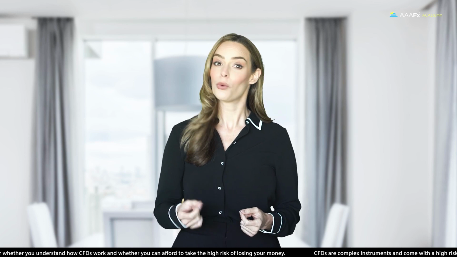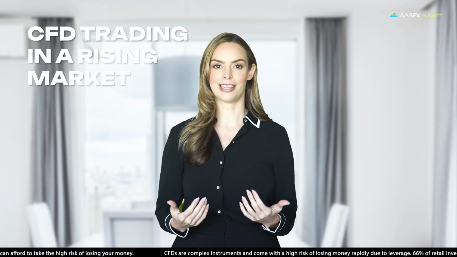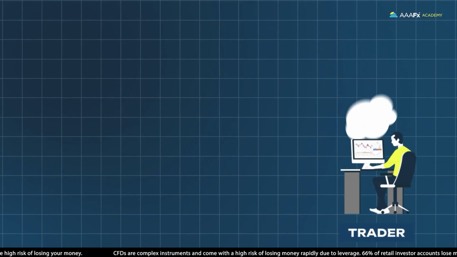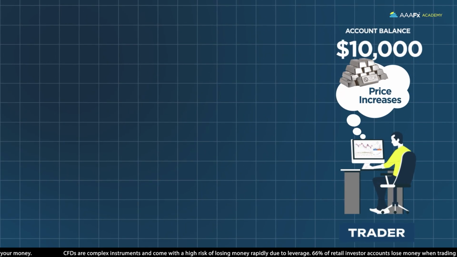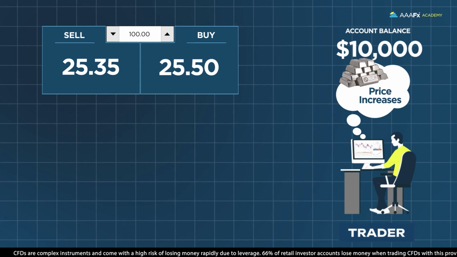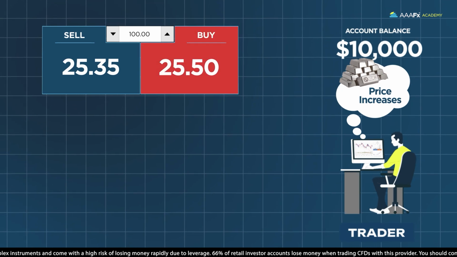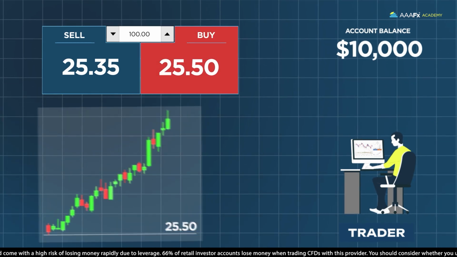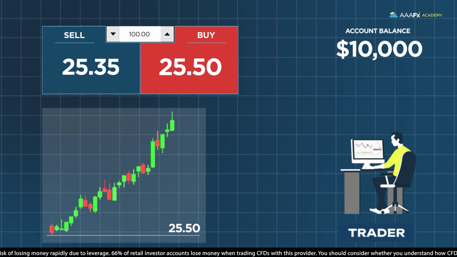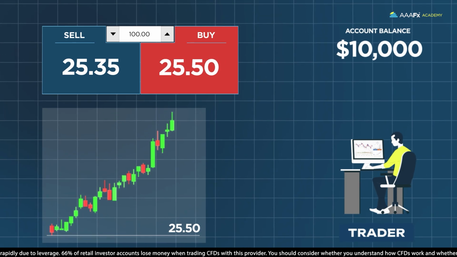Picture this. You believe the price is going up, so you buy the CFD. When it rises, you sell it back and pocket the profit. Let's talk about trading in a rising market. Imagine you anticipate that the price of silver is going to go up. So you decide to place a buy or long trade of 100 silver CFDs at its current price of $25.50.